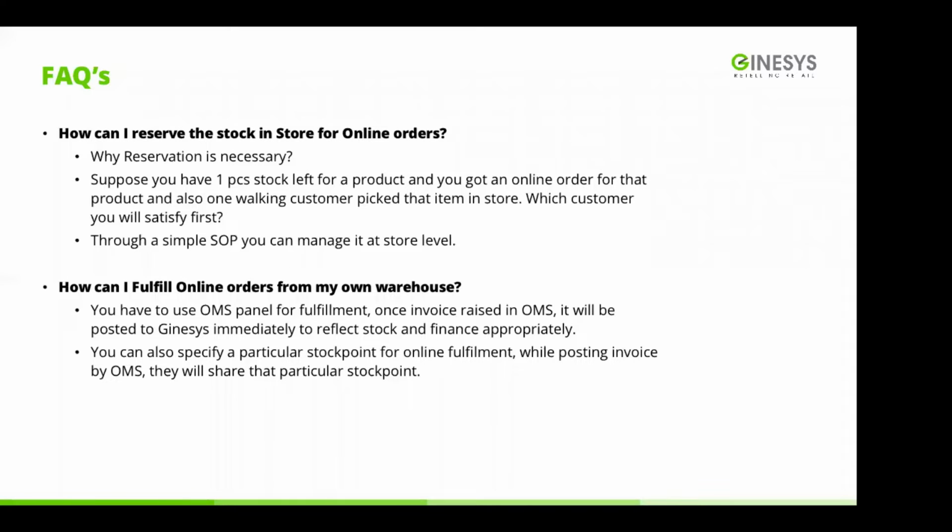For example, you might have a stock point inside a warehouse site as a dedicated online stock, or you can say that all the stock point stock of that site you need to share to your OMS or website. So you can apply any type of filters in our GDS platform. GDS means Ginesys Data Services Platform.